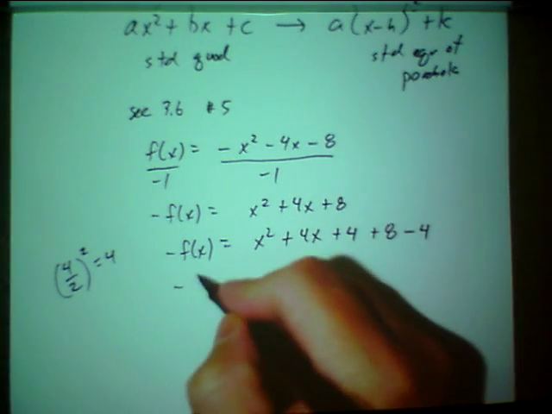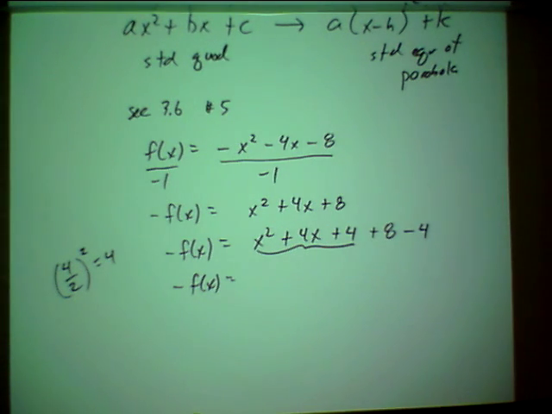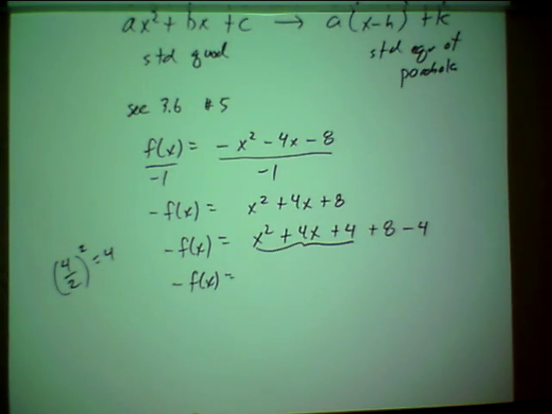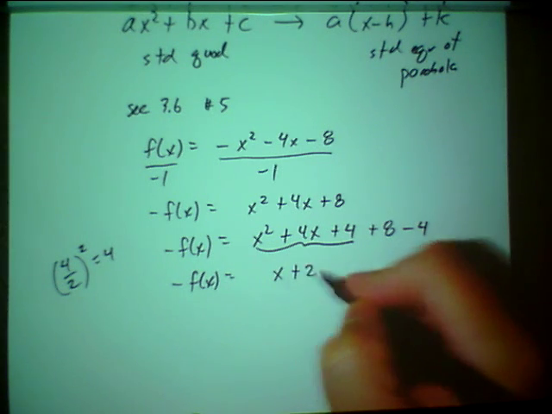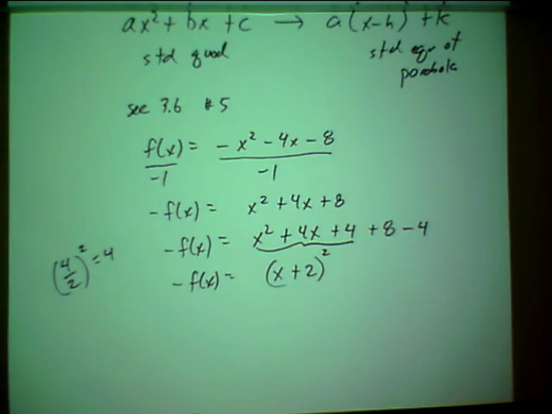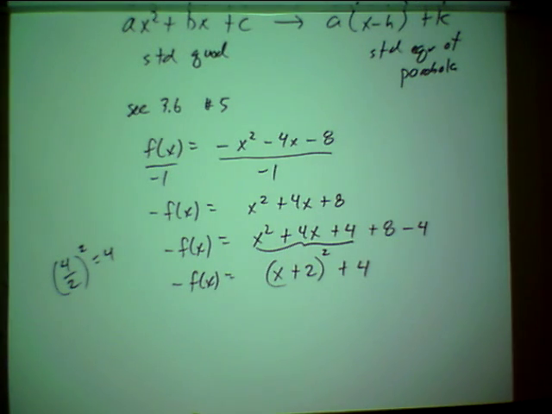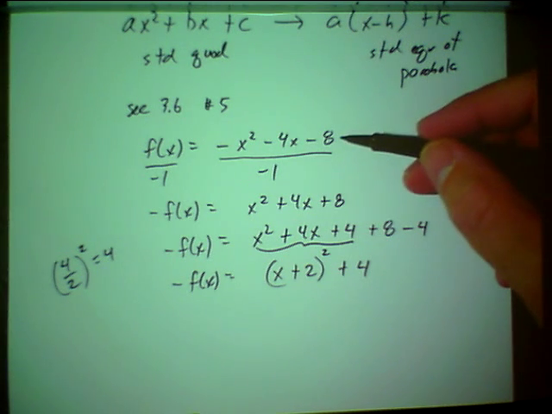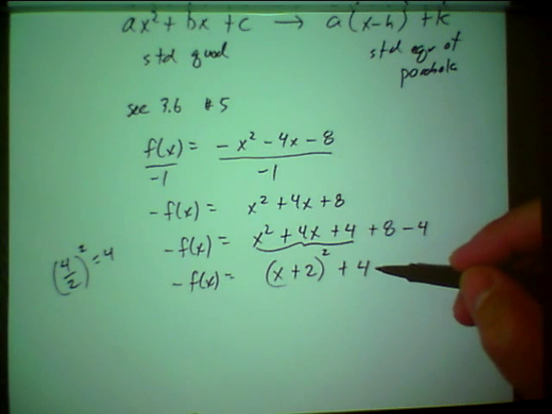Because in the long run, if I add 4 here and subtract 4 here, I haven't really changed anything. So now this is my perfect square trinomial, and I can factor that like we always do with completing the square. So it's x plus 2, that quantity squared, plus 4. And now I've gone from the equation written as a standard quadratic equation to the form of the standard equation of a parabola.